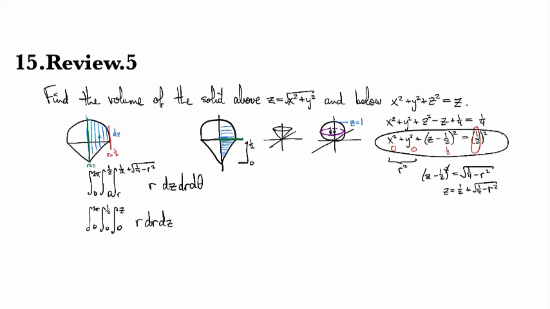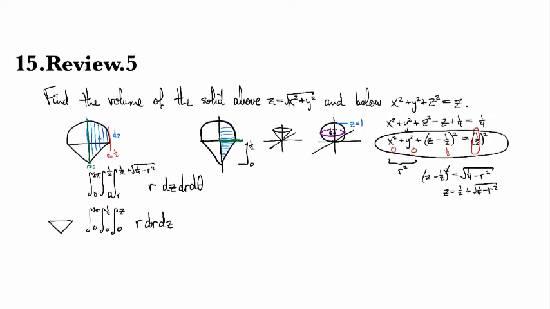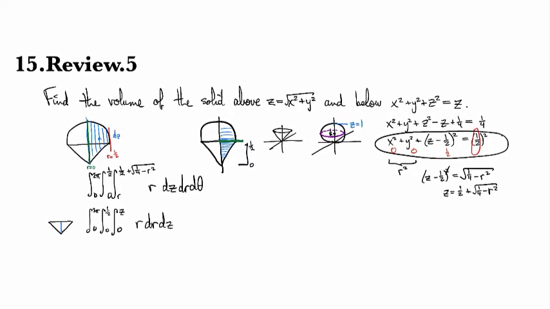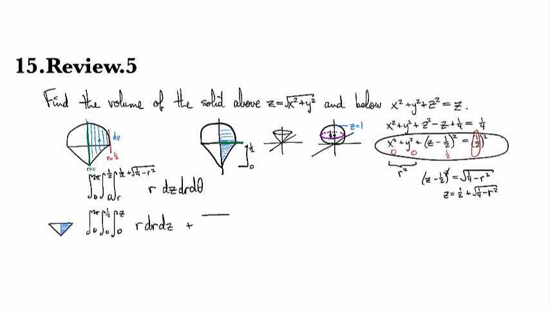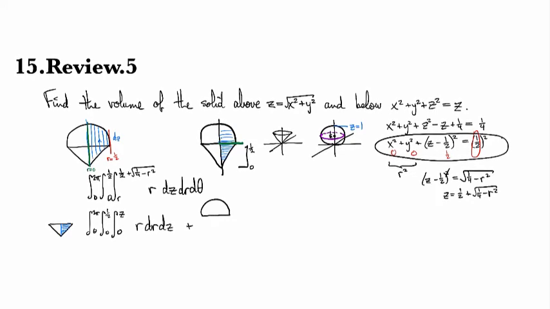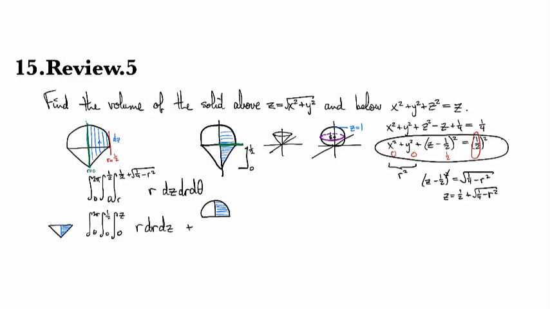But then that, keep in mind, is only for the bottom portion here. And we still have to do the top portion out here. So let's see. So this is going to be now 0 to 2 pi because everything is.